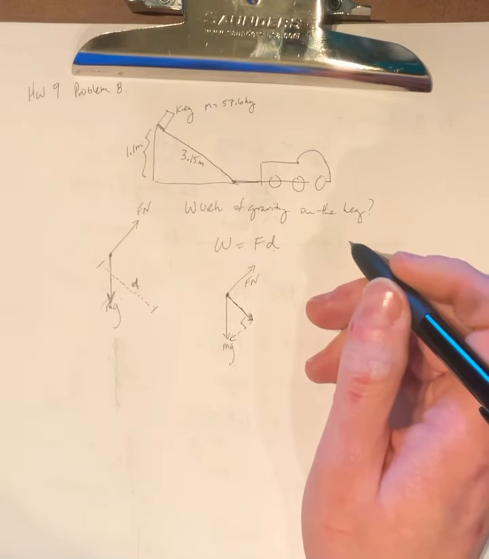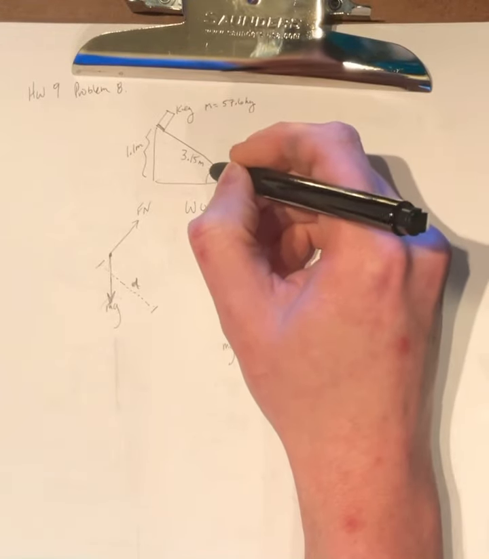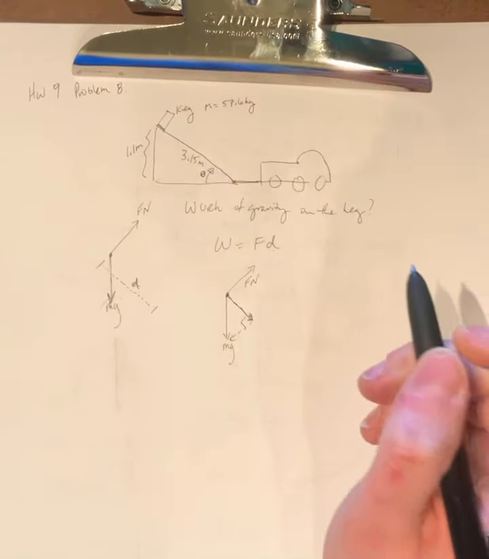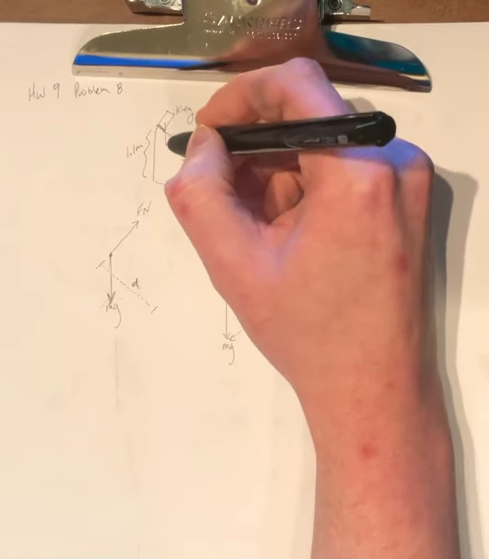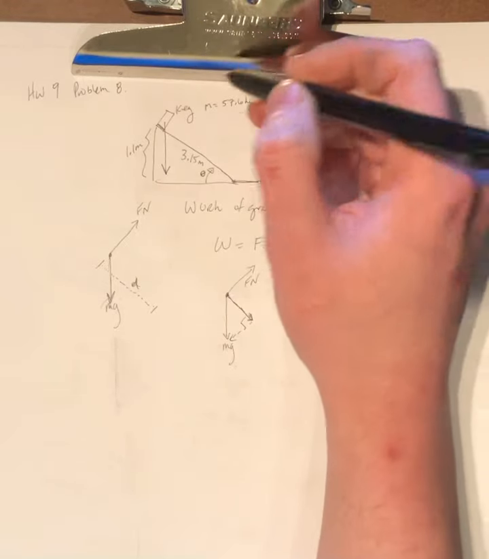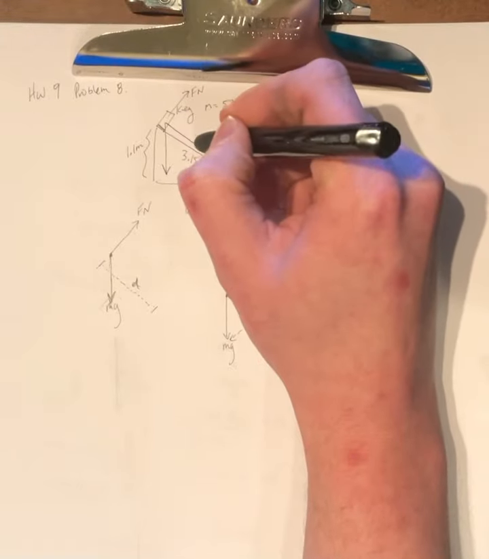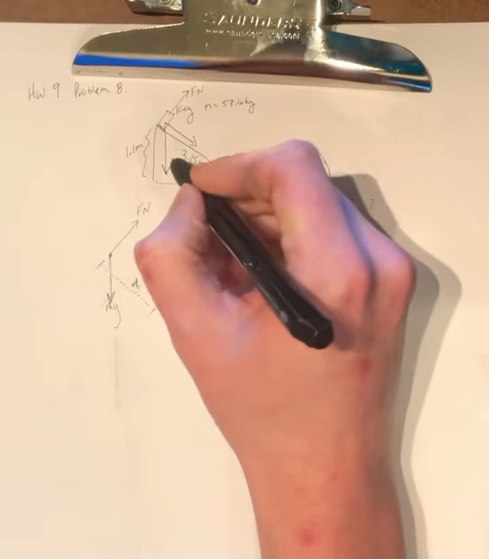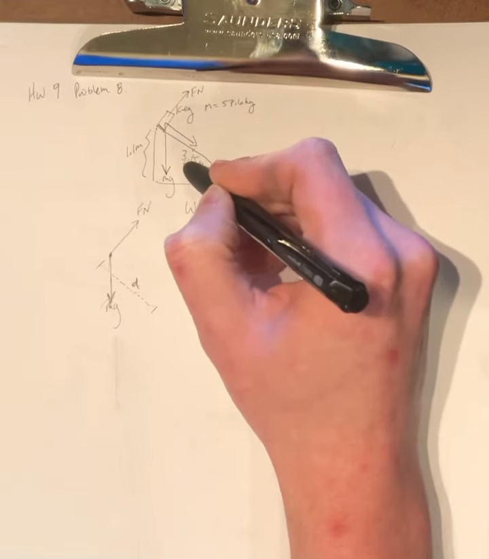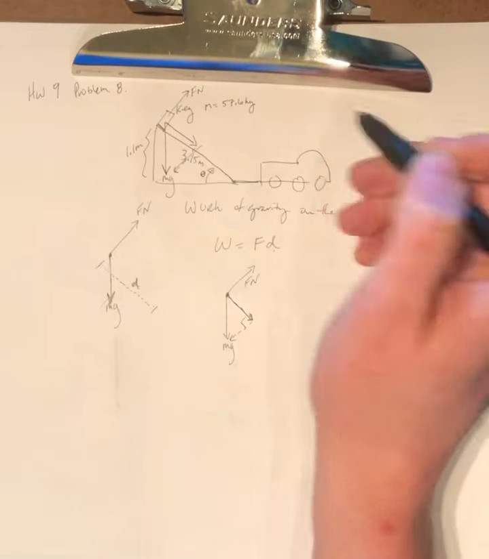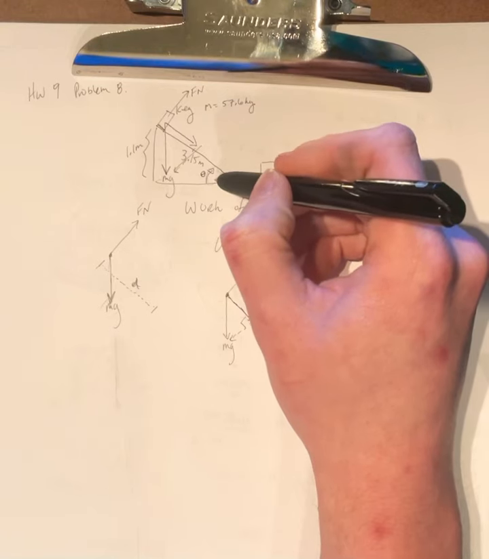Well, first, we don't necessarily know the angle, but we're going to just say it is theta, okay? And so if our mg is pointed directly down here, and our normal force is pointed this way, then we have a force pointed here, a portion of mg, and we have a portion pointing this way, right?